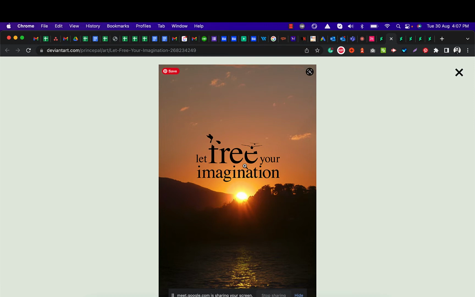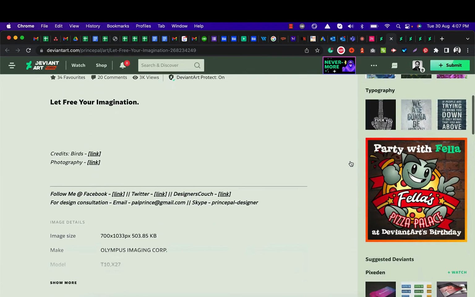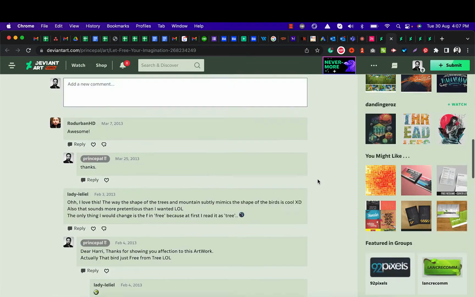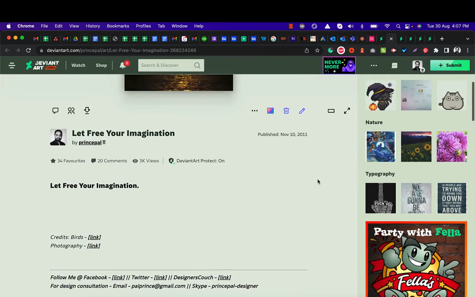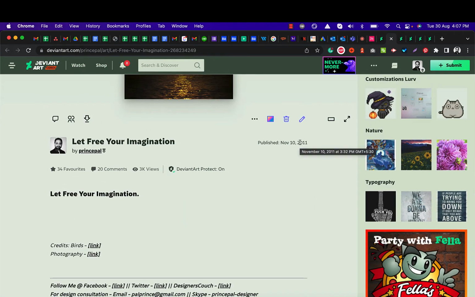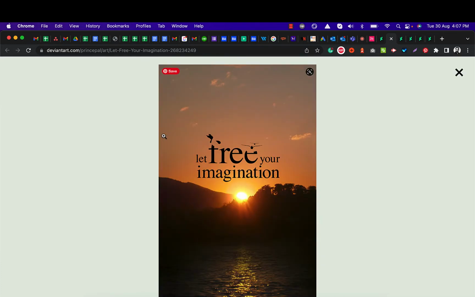I clicked it with my camera a long way back, around 2010. Here I added a typographical element, where the E becomes, let free your imagination. That was my phrase, turning the word free into a typographical phrase.